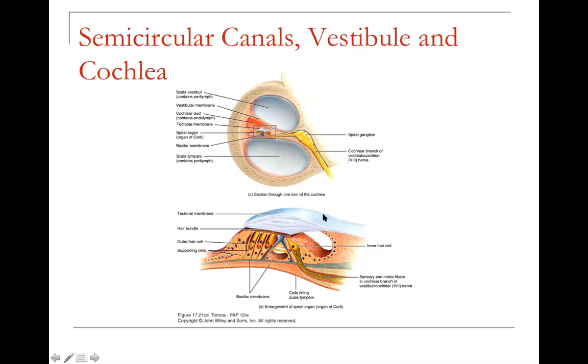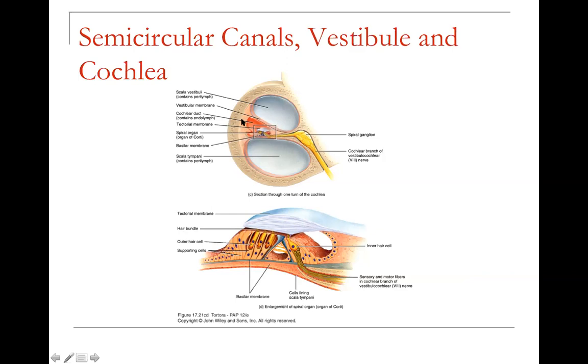Inside of this little rectangle, there's this structure that's called the tectorial membrane. And that tectorial membrane literally is responsible for the hitting of hair cells. Here's an inner hair cell here, and there's our outer hair cells here. And the way it works is, while I'm talking right now, depending upon the vibrations that are hitting your tympanic membrane, it's moving that fluid.